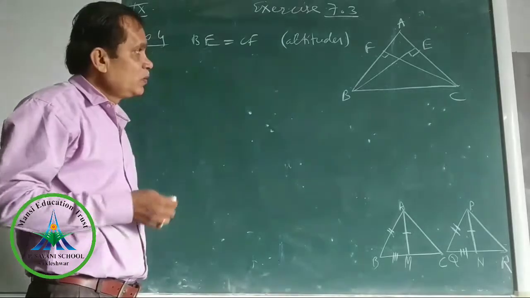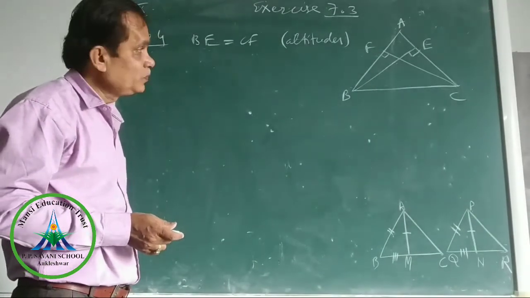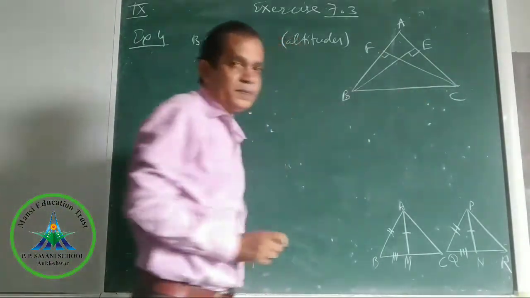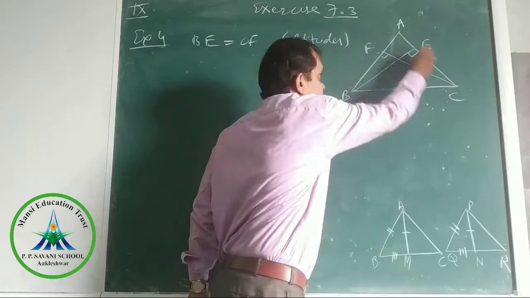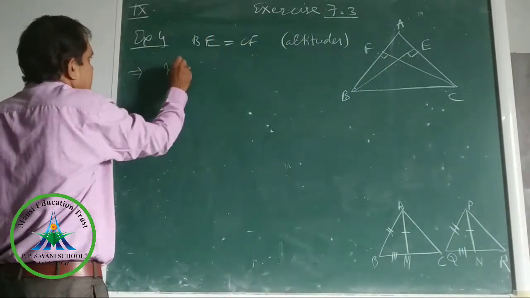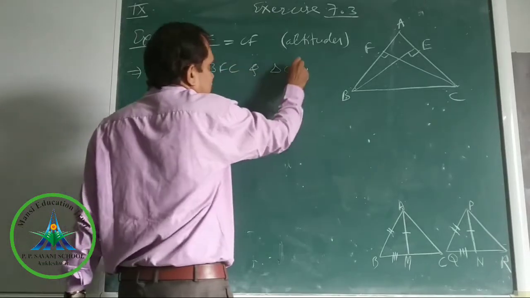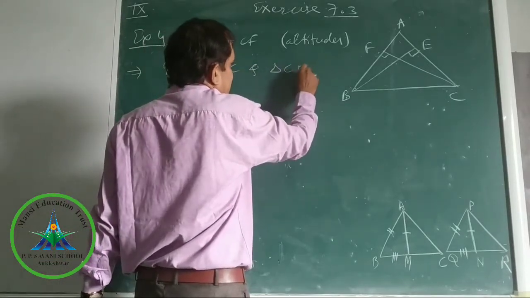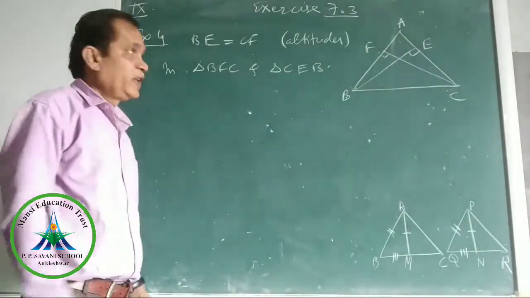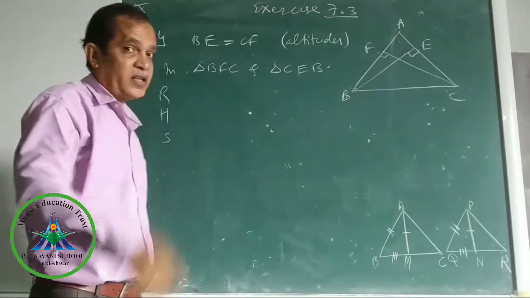So see now, just try to take two triangles. Yes, take triangle BFC and triangle CEB. Use RHS. You are told, use RHS.